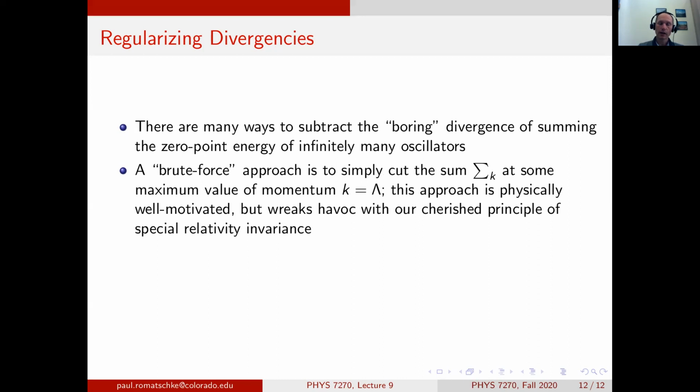The issue, however, with this particular regularization approach is that cutoffs are typically a bad idea if you want to keep Lorentz invariance, special relativity invariance. A cutoff scheme never plays well with special relativity transformations, so it will destroy that symmetry.